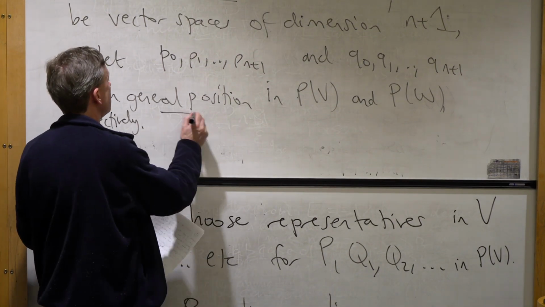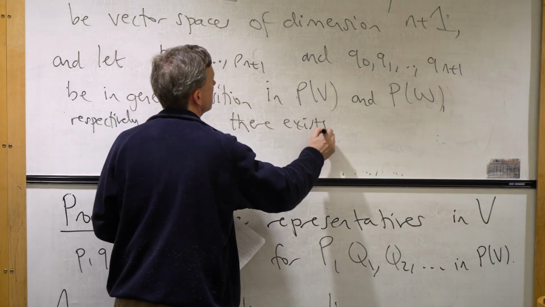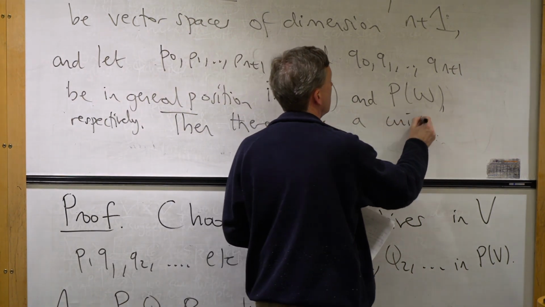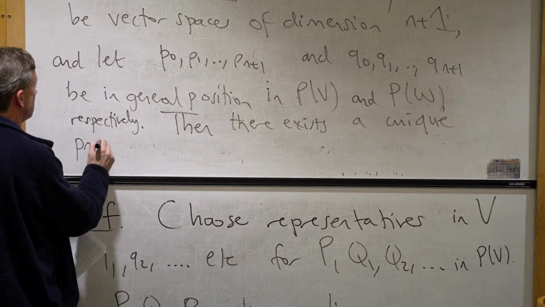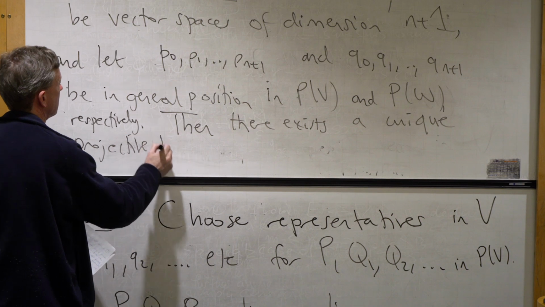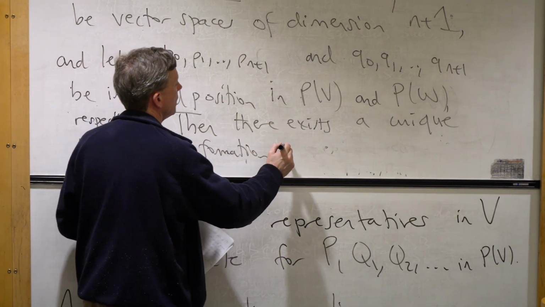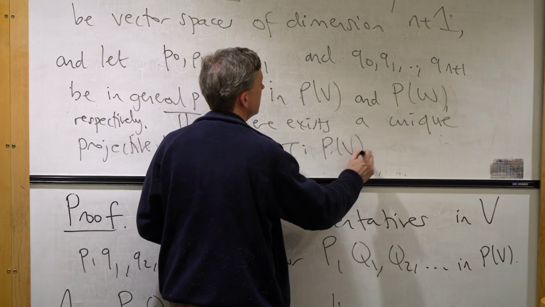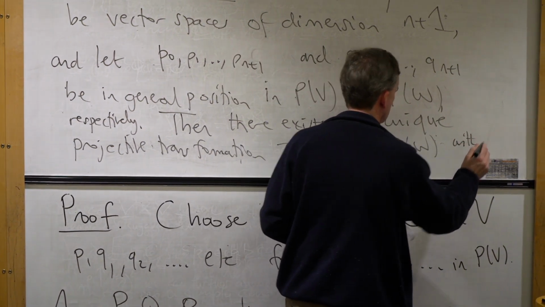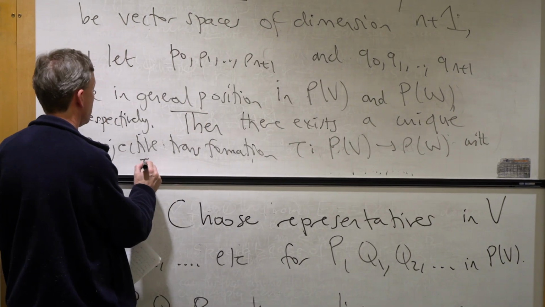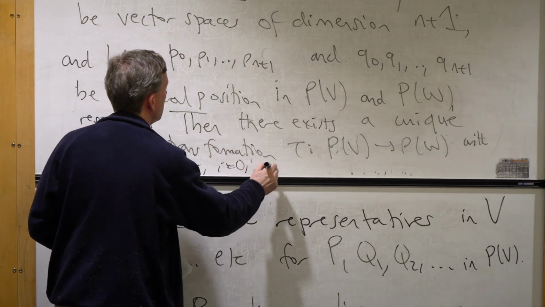So then there exists a unique projective transformation T going from P of V into P of W with T of p i equals q i for i from 0 up to n plus 1.